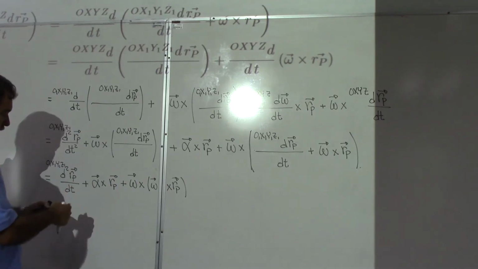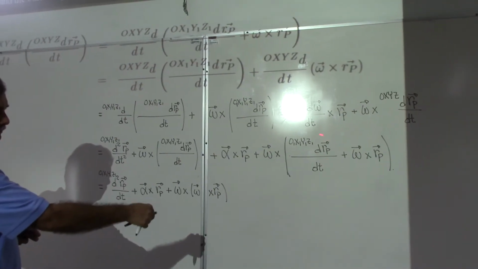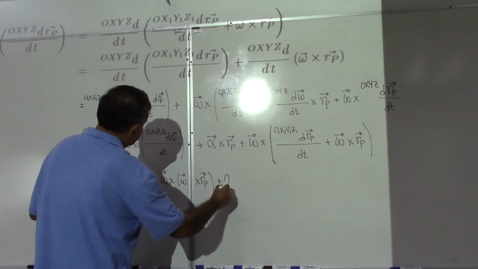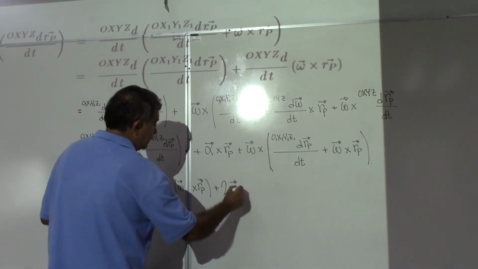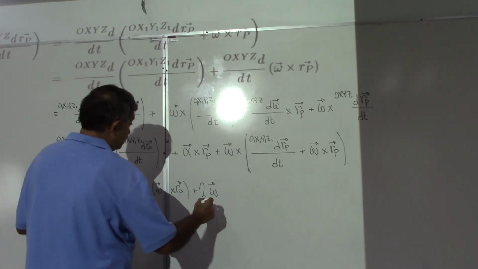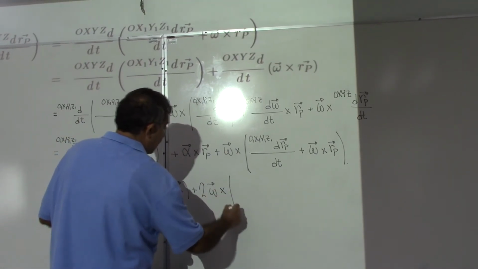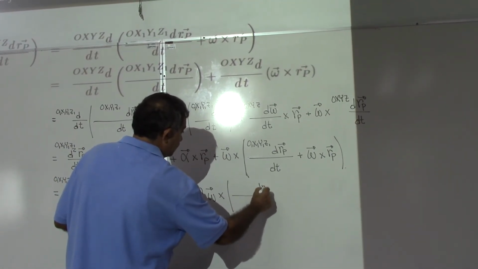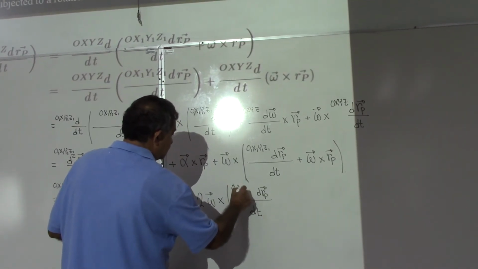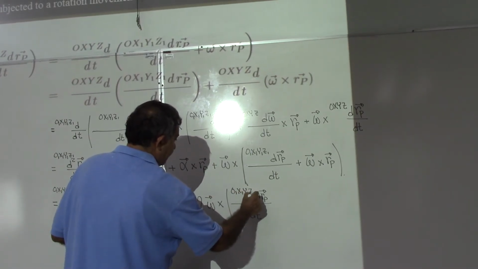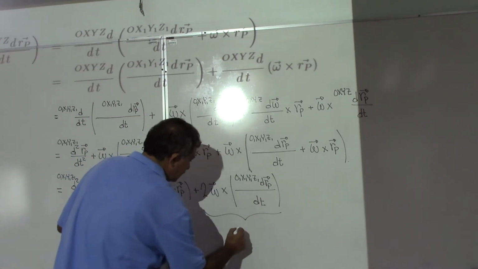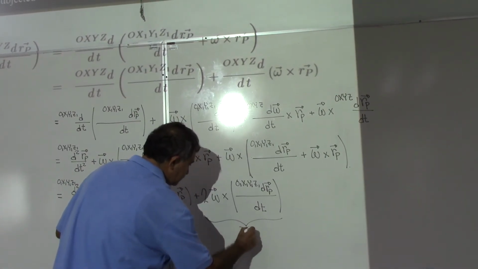In these terms, and this term over here, that is going to be the same, is going to be plus twice the angular velocity of the moving reference frame, that is also the angular velocity of the moving body, times the derivative of Rp with respect to time and with respect to the moving reference frame. This is the term that is usually called Coriolis acceleration.